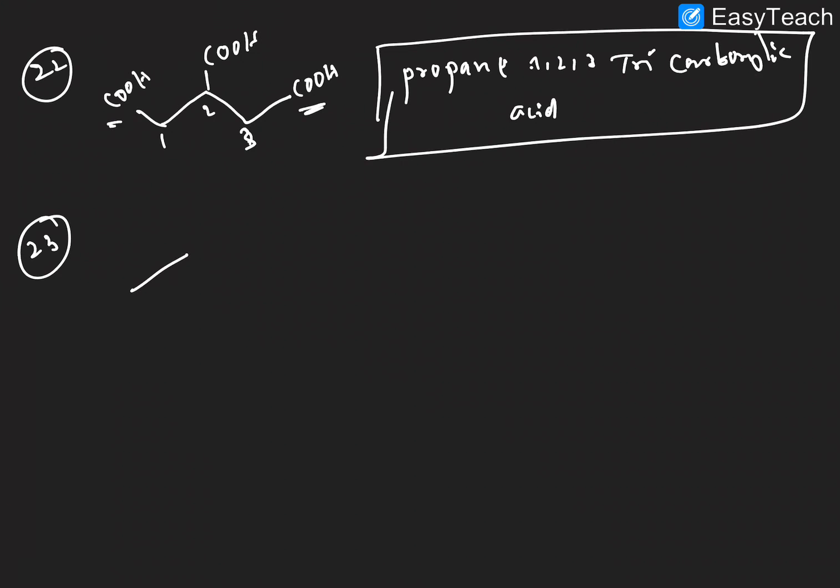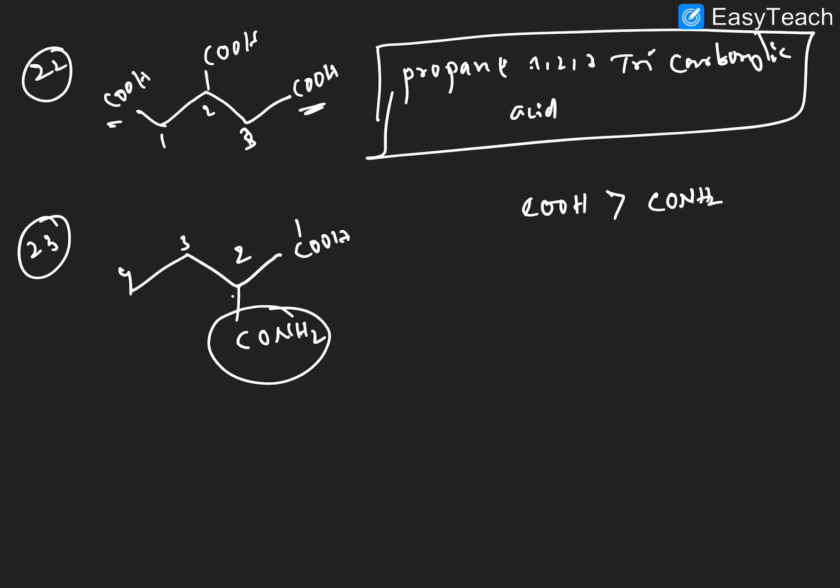Next one, example number 23. Here the carboxylic acid is there, and here CONH2 is there. So the priority order is that COOH has more priority than CONH2. So numbering starts from 1, 2, 3 and 4.